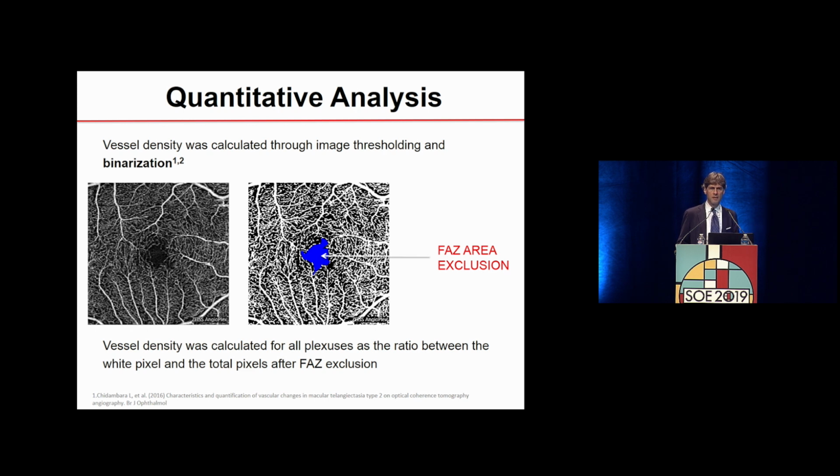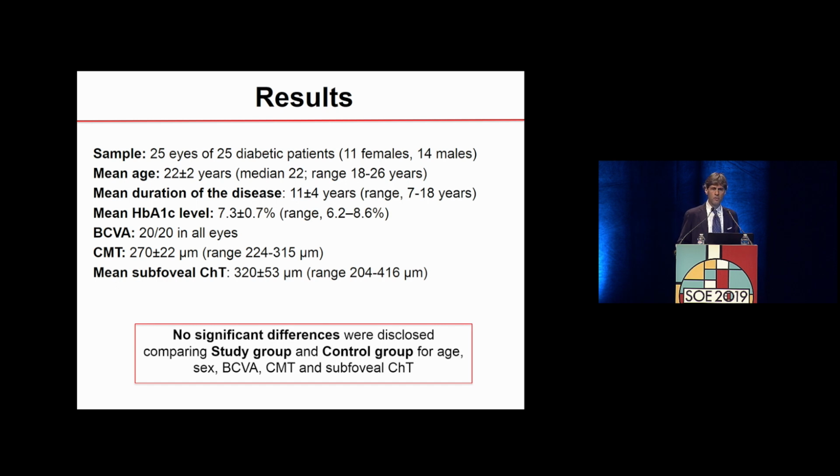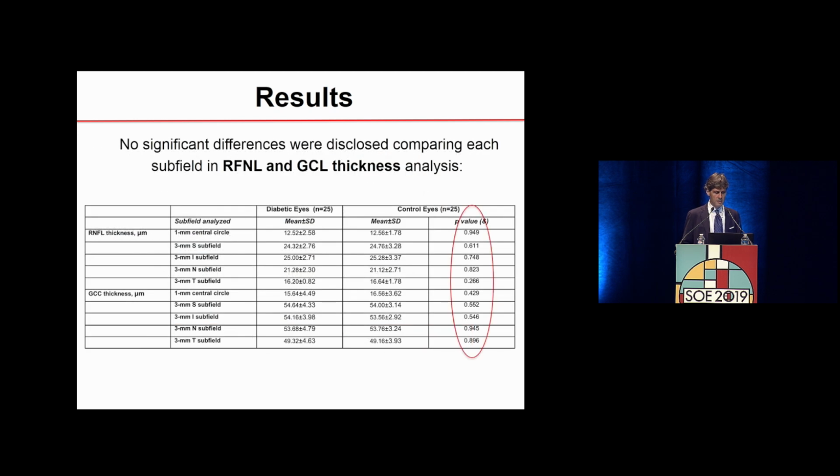This is the way we did the analysis, and we skeletonized the vessels in order to get the same influence from all different vessels, so large or small vessels, and we excluded the fovea. These are the results. So we compared eyes of diabetic patients without signs of retinopathy with age- and sex-matched normal subjects.